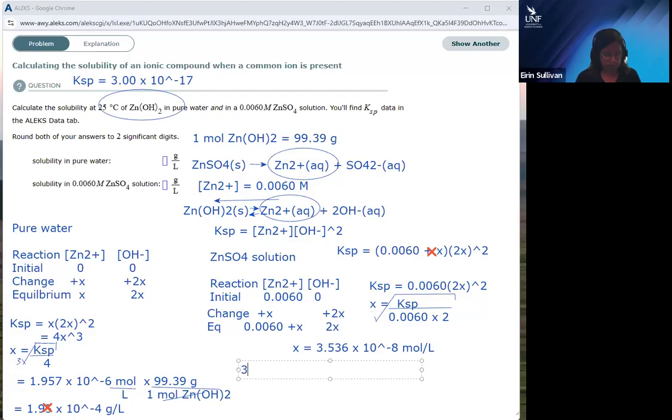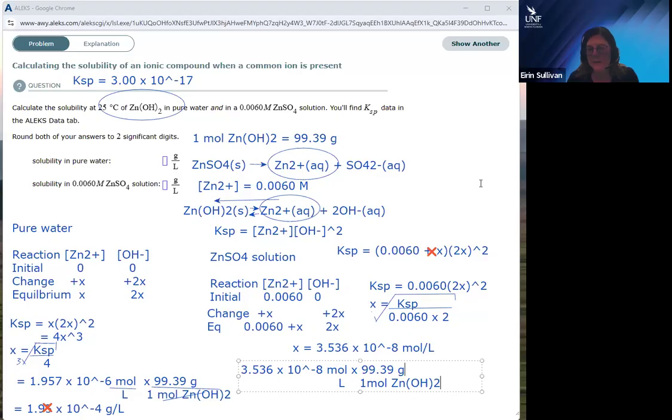So 3.536 times 10 to the power of minus 8 moles per liter. And I know that 1 mole of my zinc hydroxide is going to weigh exactly 99.39 grams, because that is its molar mass.